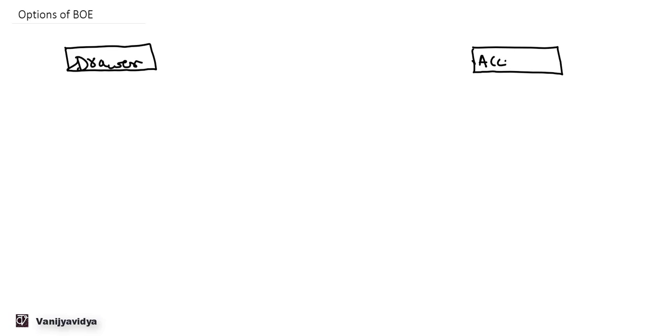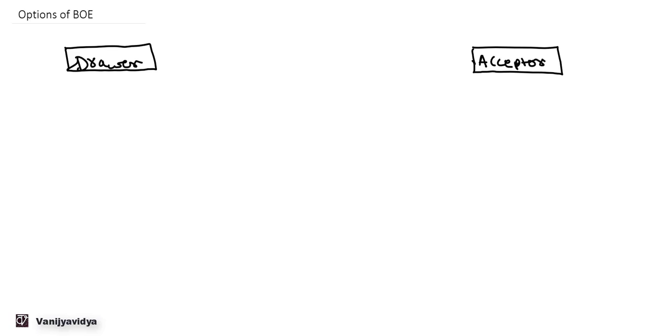Let us see what are the options of a bill of exchange for the drawer or maker of a bill of exchange, or a seller in case of a promissory note. Now, there is a drawer here, and a drawee or an acceptor of the bill.